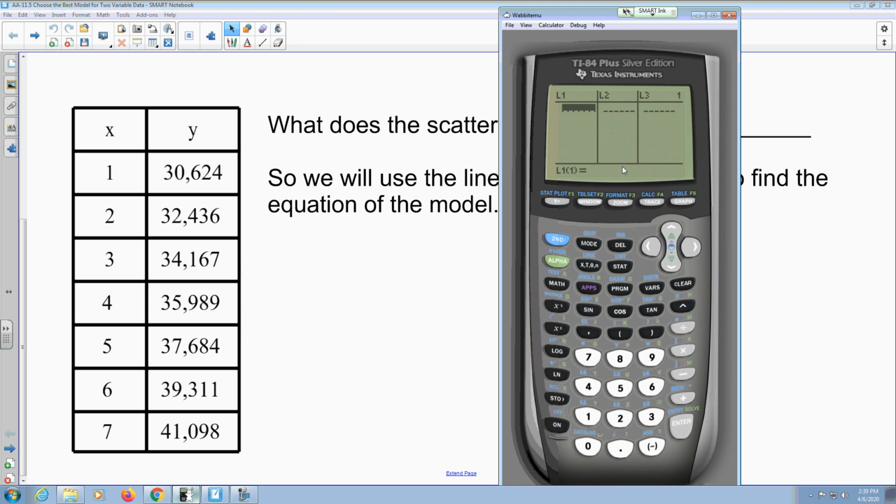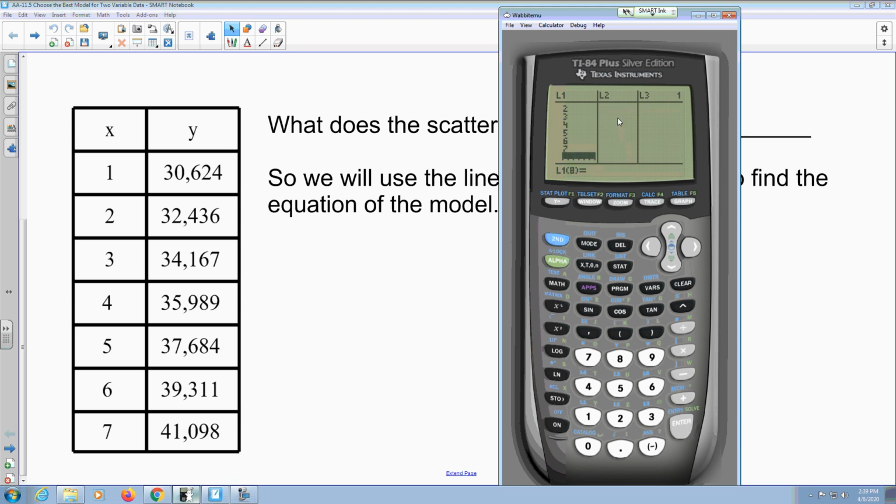I'm going to start filling in L1. L1 is going to be our x values: 1, 2, 3, 4, 5, 6, and 7.